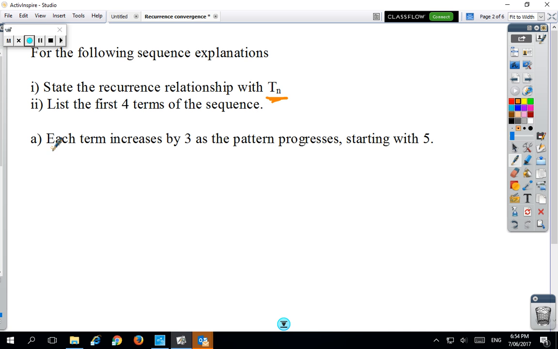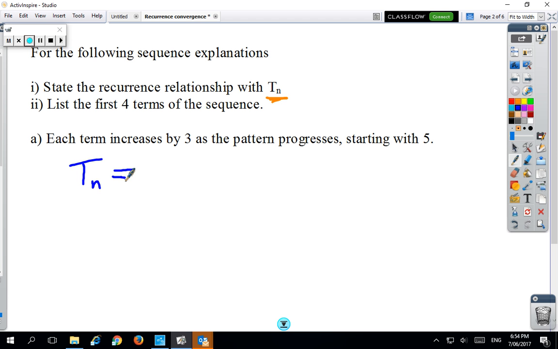So here's our first one. Each term increases by 3 as the pattern progresses, starting with 5. So how do we turn that into a recurrence relationship? We're not even looking for the terms yet. We're just turning it into a recurrence relationship. Well, all of these ones are going to start with Tn to say here comes a recurrence.